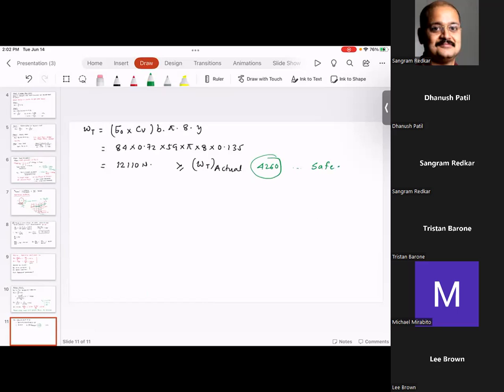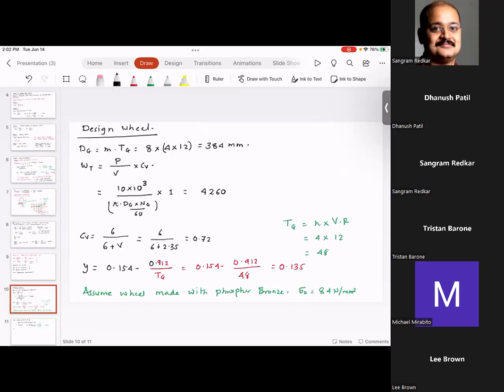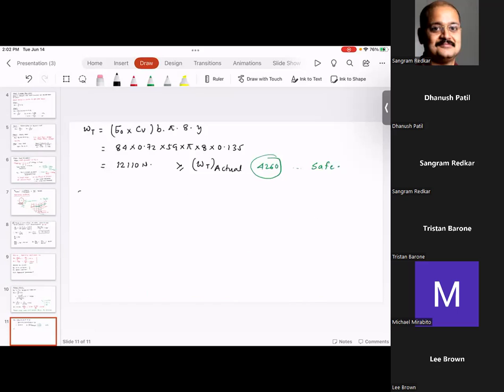So let's try one more time. The next step is determination of dynamic load, which is WD.